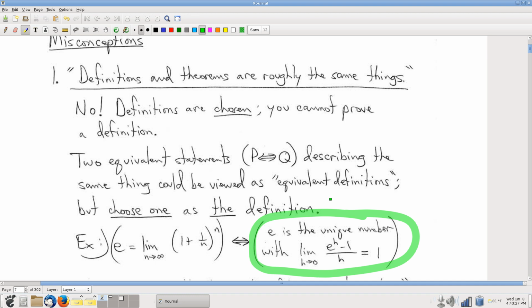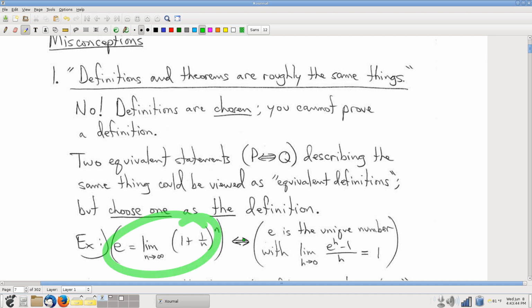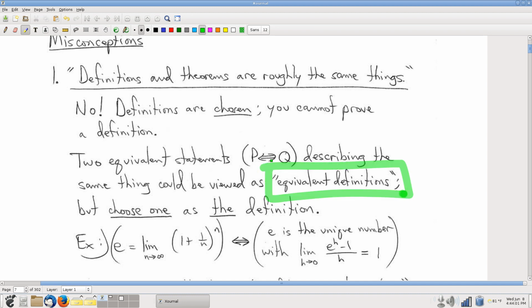These are two different statements, but as it turns out, the number defined by this equation is the same as the number defined by this statement. They give you exactly the same number. So if you define e to be this, then you can show that e has this property, and vice versa. So we call these equivalent definitions.